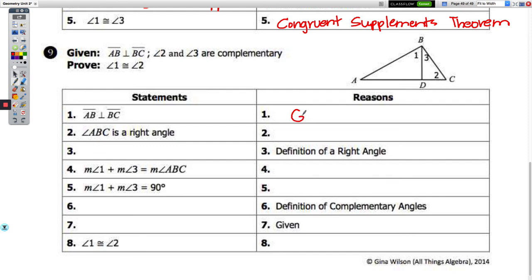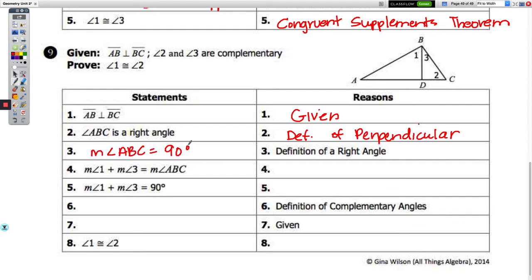We are given that segment AB is perpendicular to segment BC. So we know by the definition of perpendicular that angle ABC is a right angle. What does the definition of a right angle tell us? If angle ABC is a right angle, then the measure of angle ABC is what?